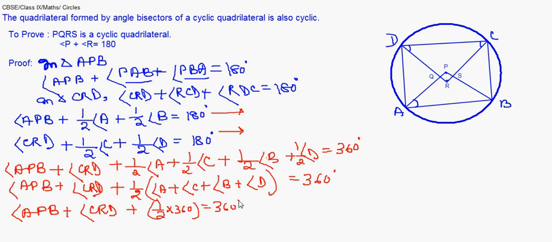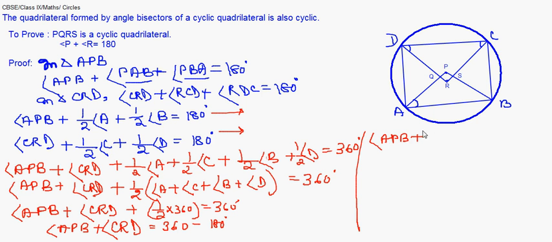So actually if I take 180 to the other side, APB plus CRD is 360 minus 180. So it is angle APB plus angle CRD is equal to 180 degrees.